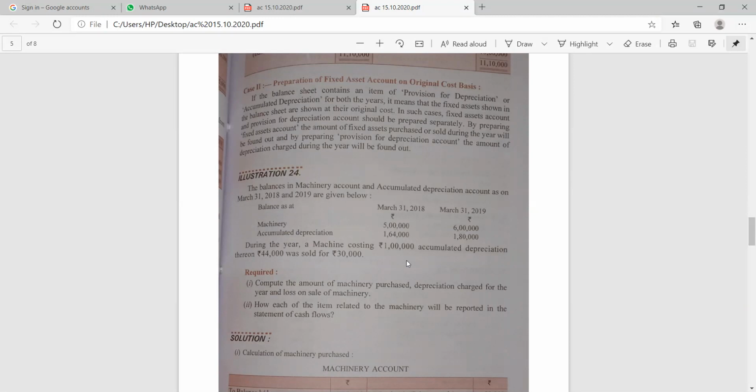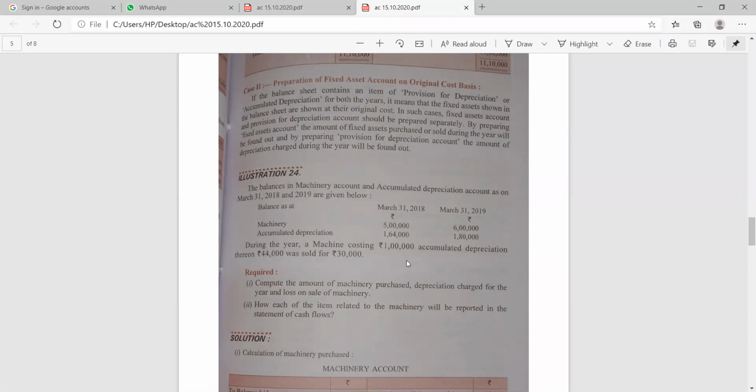No depreciation is deducted from that, because a separate account for depreciation is prepared, and every year the depreciation is accumulated in that particular account. Because of that, the asset is only shown at the original cost, and the depreciation is shown in the accumulated depreciation account. The same thing is given in illustration number 24 that is on the screen.